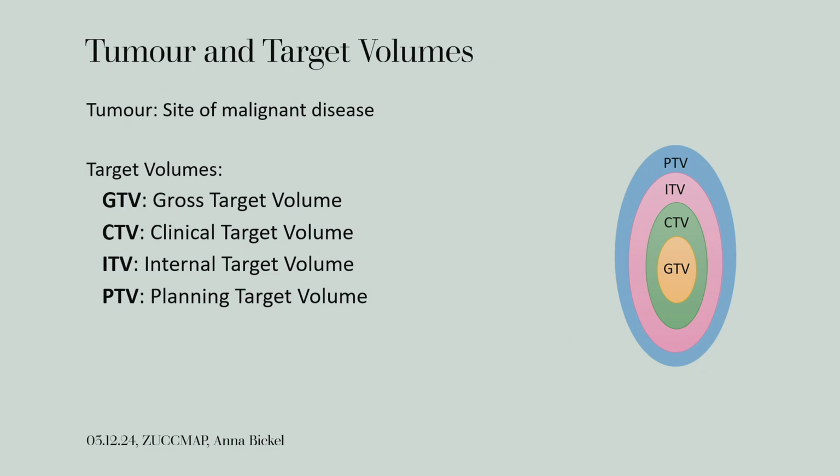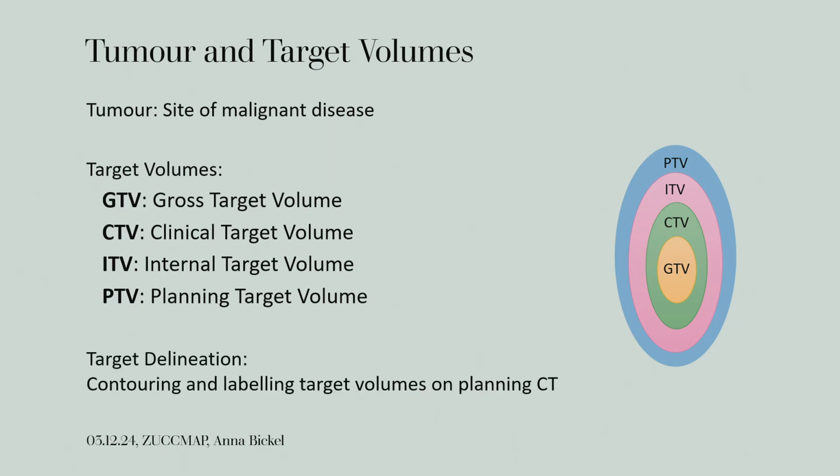However, the problem is in the PTV and also in the ITV, we only have normal tissue, so no cancerous tissue, and we want to keep those two margins as small as possible to not kill too many healthy cells, because those help in the cure and the repopulation of the killed cancer cells.